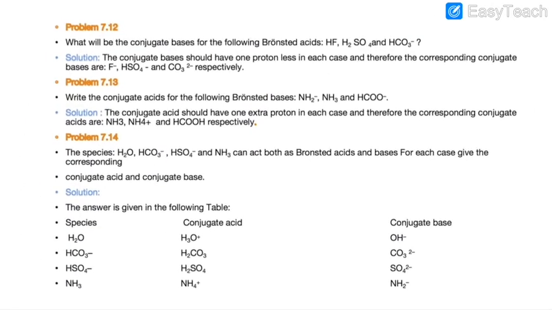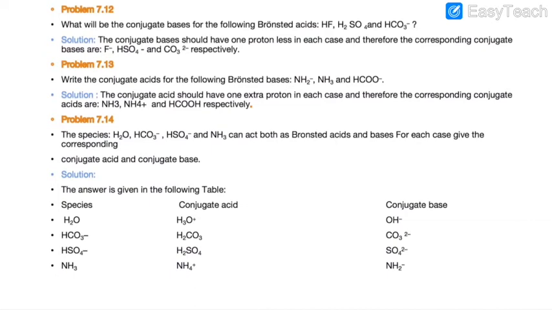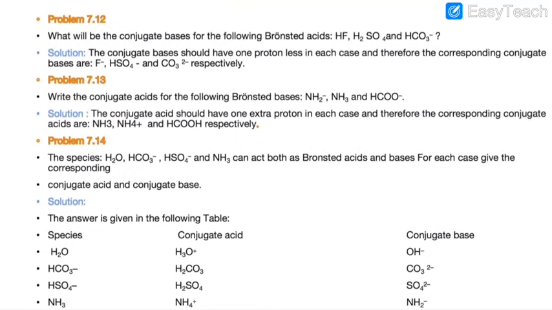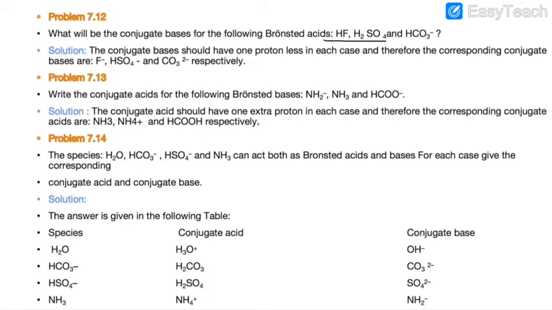Now we will solve some questions based on the Bronsted-Lowry acids and bases theory. The first question is, what will be the conjugate bases for the following Bronsted acids? HF, H2SO4, HCO3 minus. As we know, a Bronsted acid will have one more proton than its conjugate base.